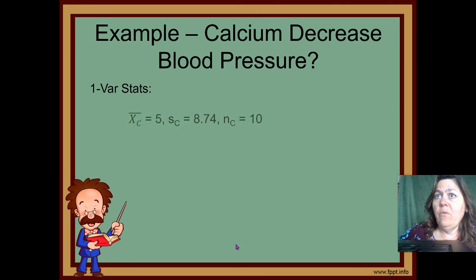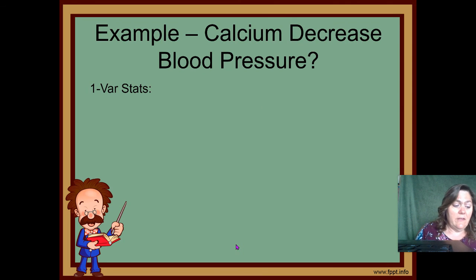You're going to run 1-Var Stats on your 2 sets of data, and that will give you the items to fill into your formula. Or you can choose to run it in your calculator, and you don't need to run 1-Var Stats. You can just run a 2-sample t-test.